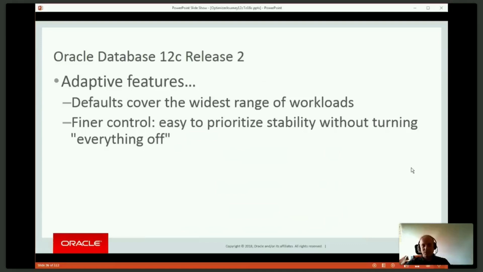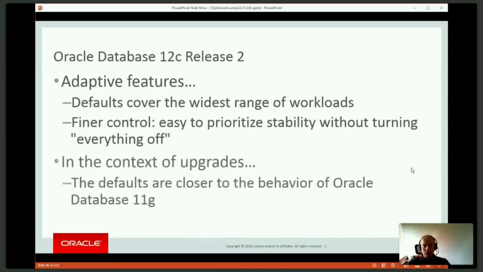So it's a fine control mechanism. If you need to prioritize query plan stability over everything else, the default settings are the best. So in the context of upgrades, the defaults are much closer to the behavior of Oracle Database 11G.